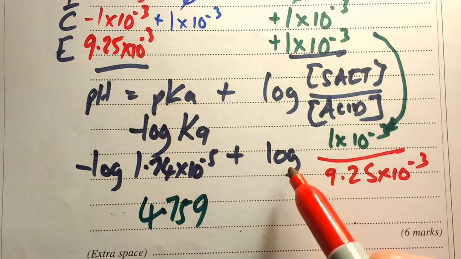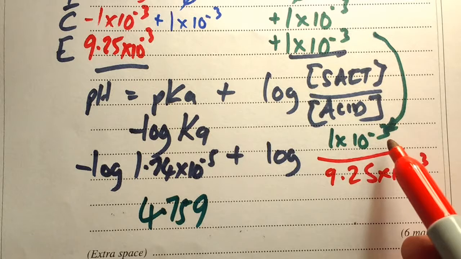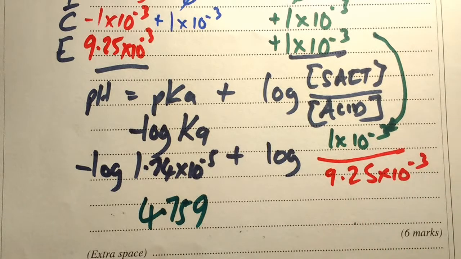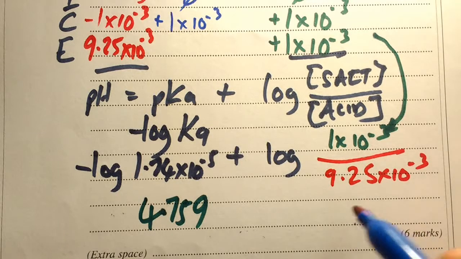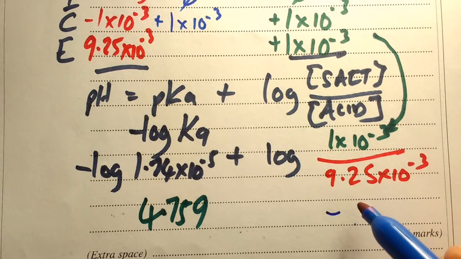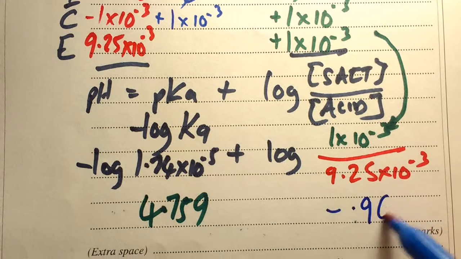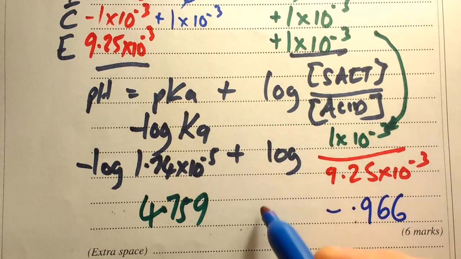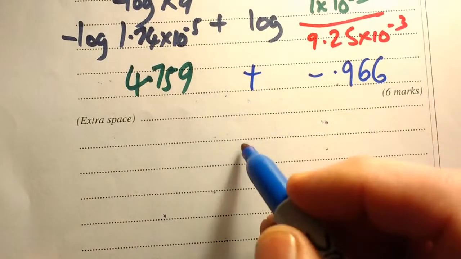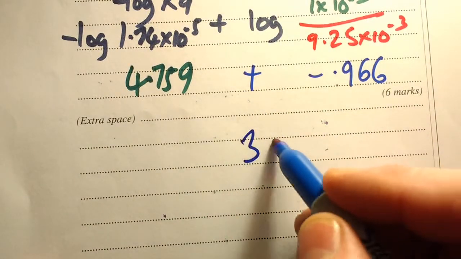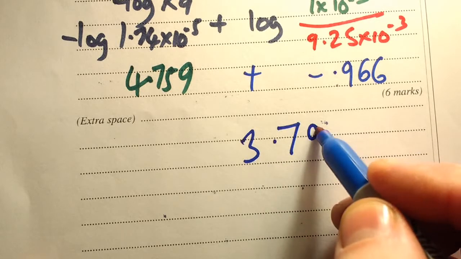The log of 1 times 10 to the minus 3 over 9.25 times 10 to the minus 3 equals minus 0.966. And we add those two together, and you will get a pH, and this would be your answer, of 3.79.